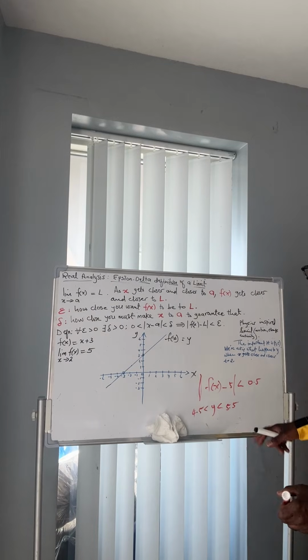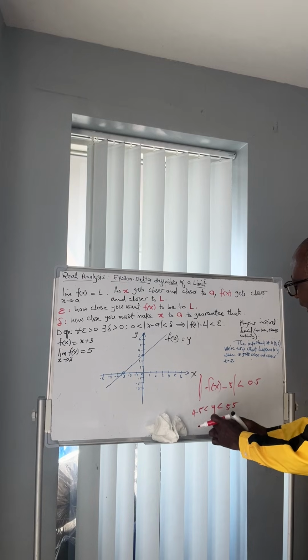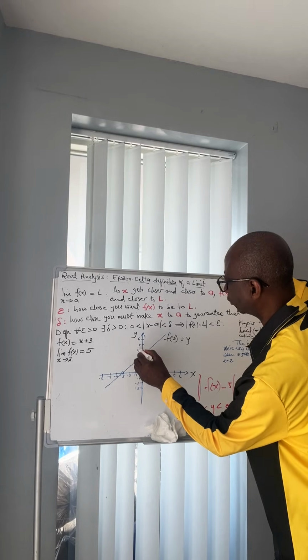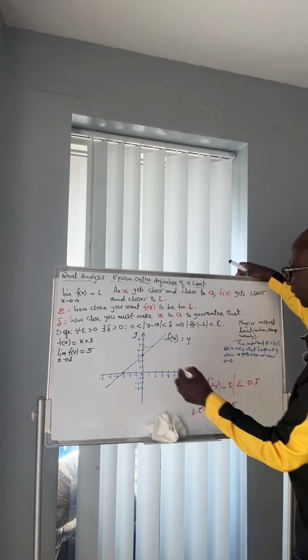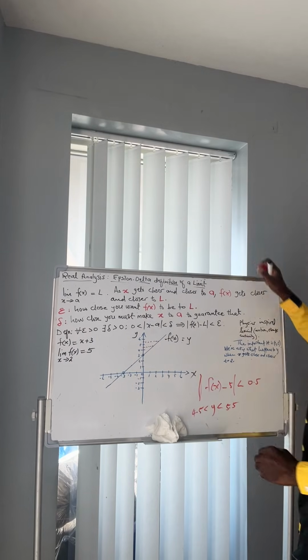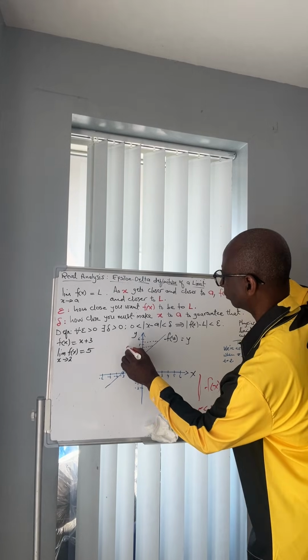Right. So now let's see. If you have this band, 4.5 and 5.5, 4.5 is going to be here, so let's extend it here, and 5.5 is going to be here. And this is your epsilon.